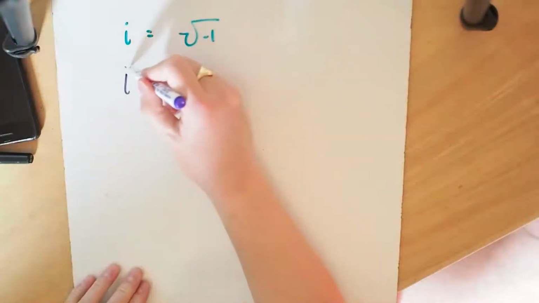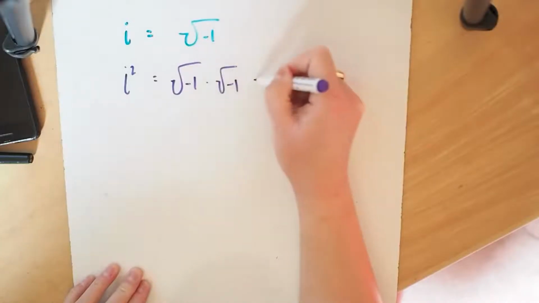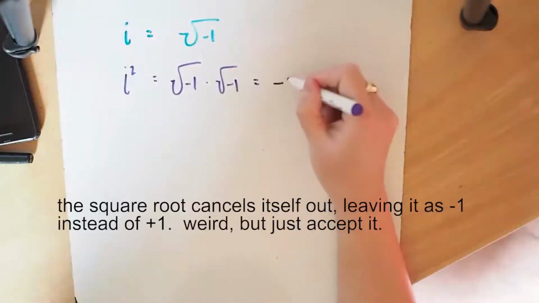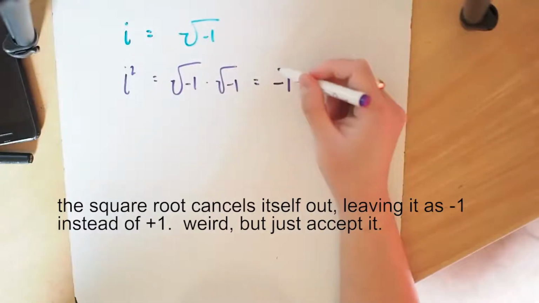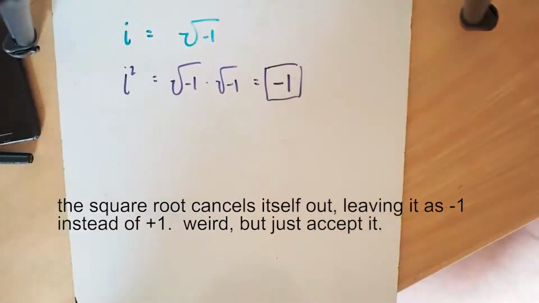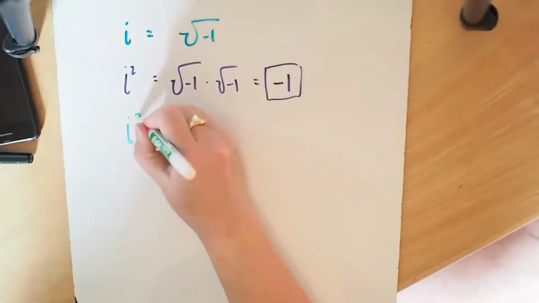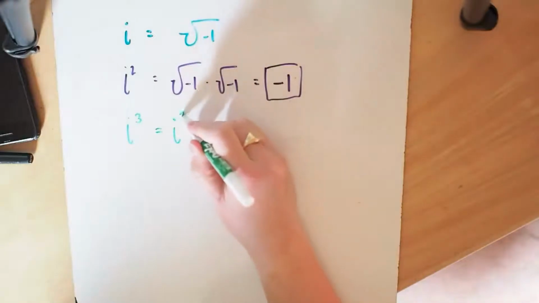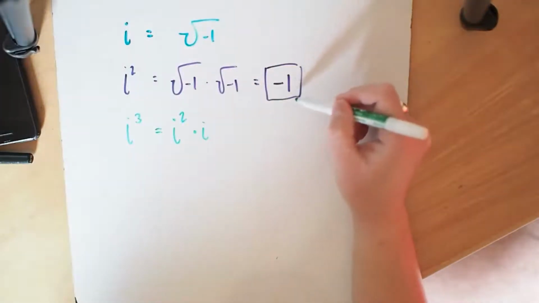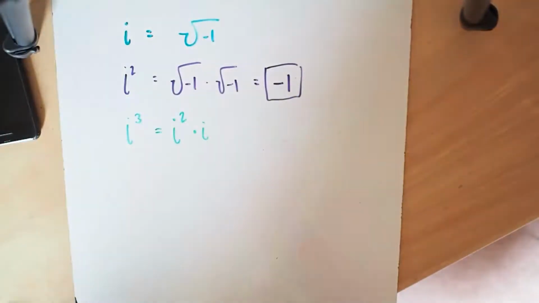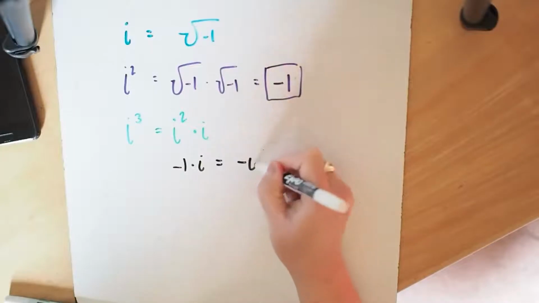If I have i squared, which is the square root of -1 times the square root of -1, that becomes -1. It's no longer an imaginary number. If I have i to the third power, that becomes i squared times i. If we replace i squared with -1, then we can write that as -1 times i, or -i.